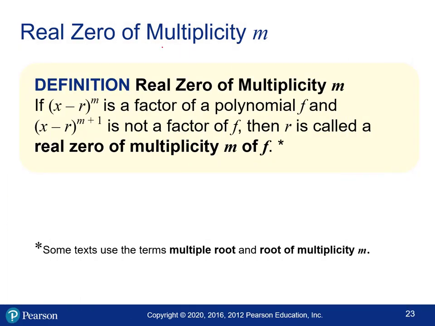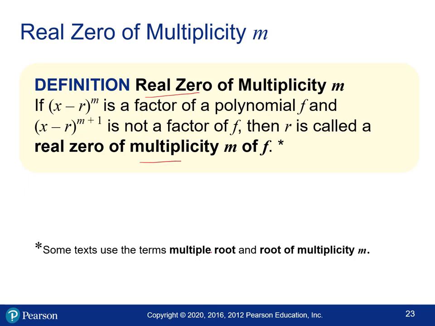Okay, so now let's talk about something called multiplicity. If we have a real zero, that when we plug it into our function, the answer is 0, then we have what's called the multiplicity of that 0, and that's how many times that factor occurs.